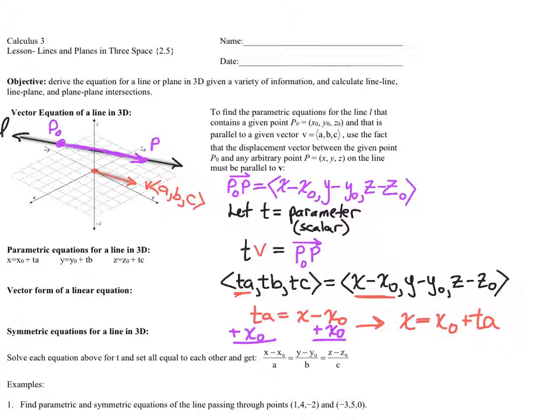You do the same thing for TB equals Y minus Y sub O, and you'll get the second part of the rule. And then TC is equal to Z minus Z sub O, which gives you the third part of the rule.